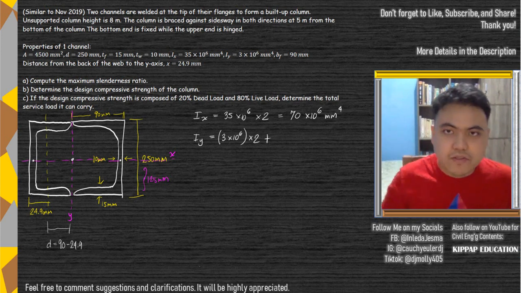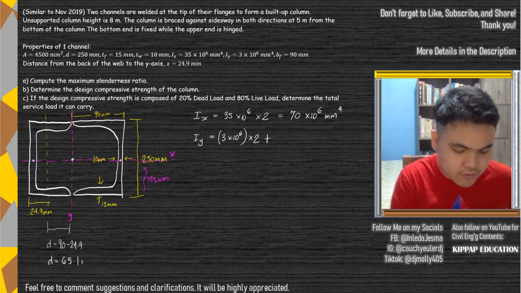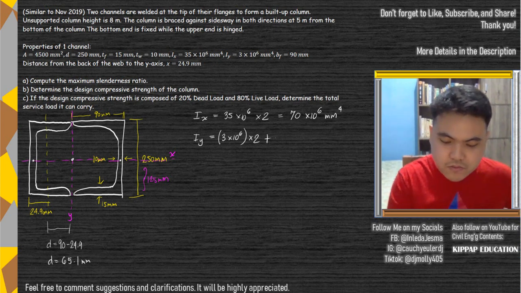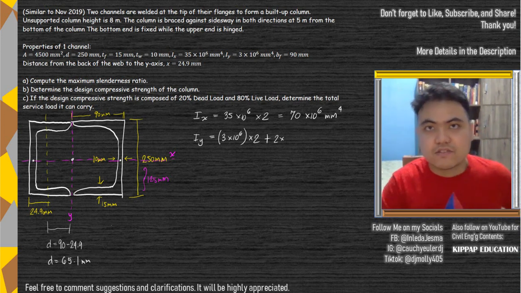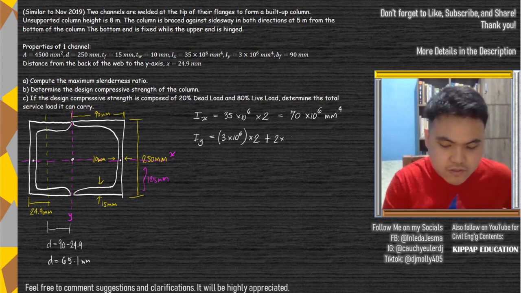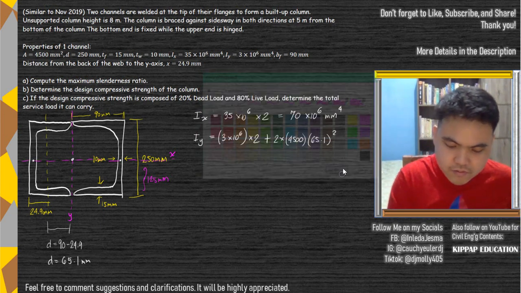So, 90 minus 24.9 is equal to 65.1 millimeters. So, plus 2 times AD squared. Kasi, same din, 65.1 din mula dun sa isang channel. So, 2 times area, that's 4,500, D squared. So, 65.1 squared. Right? So, take note natin ha.